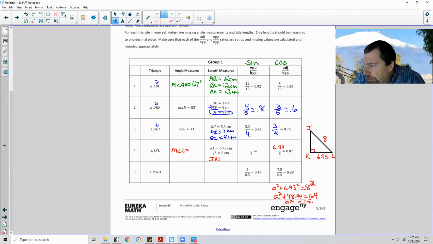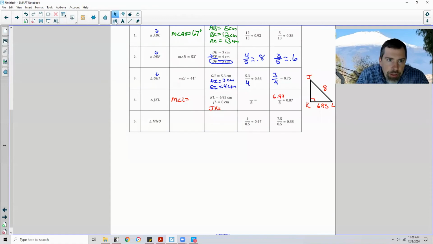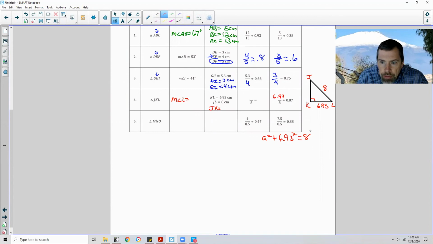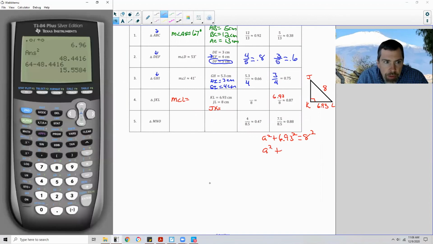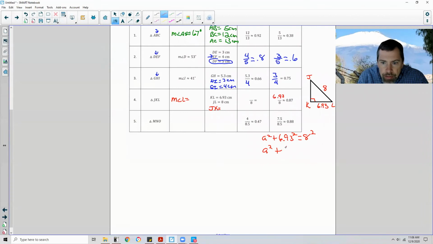Okay, 1 second here. I don't like squeezing. All right, so let me just do this again. I just had to get that out of the way. So I have A squared plus 6.93 squared equals 8 squared. A squared plus 48.44 equals 64.